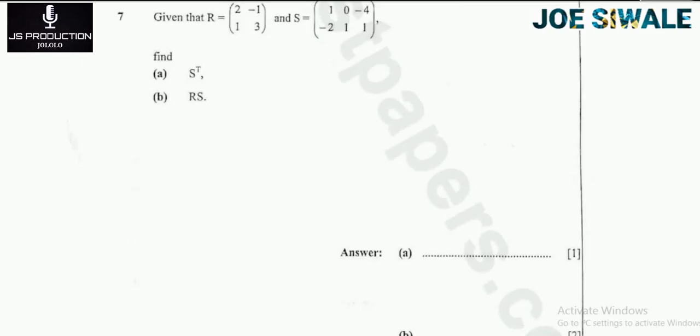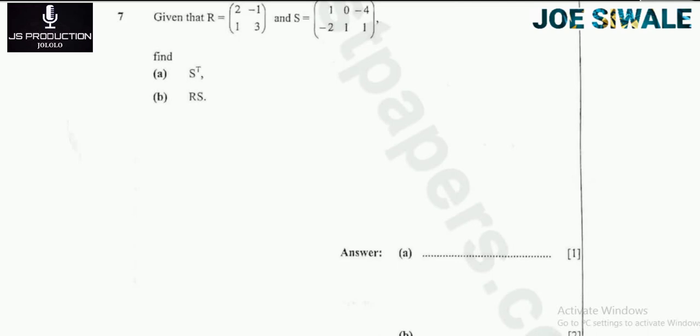And 7 reads, given that R is equal to (2, -1; 1, 3), and S is equal to (1, 0, -4; -2, 1, 1).